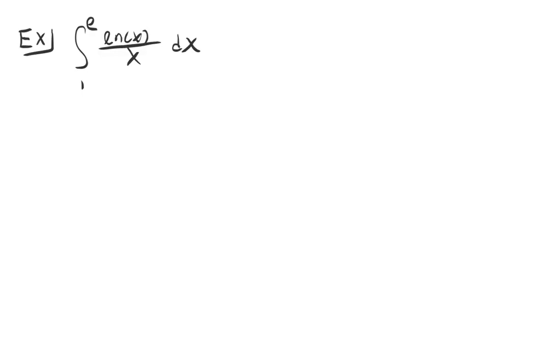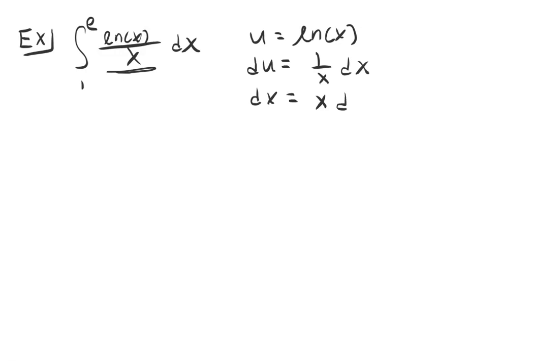So that looks to be the best thing to do here, because the derivative of ln of x is 1/x, and I have a 1/x in the integrand here. So then I get du equal to 1/x dx, so dx is equal to x du.